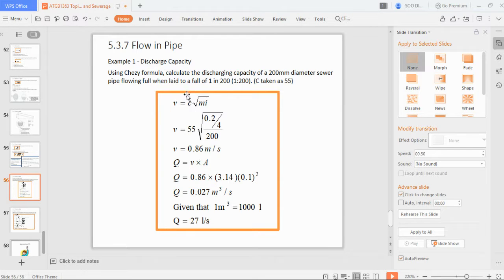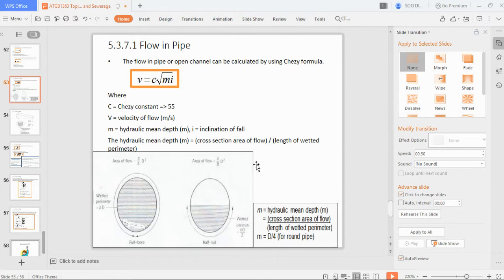So using the Chezy formula, which is this, V equals 55, which is a constant, multiplied by the square root of M times I. You remember back in this slide, M is equal to D over 4. This is the case only when your pipe is a round pipe.